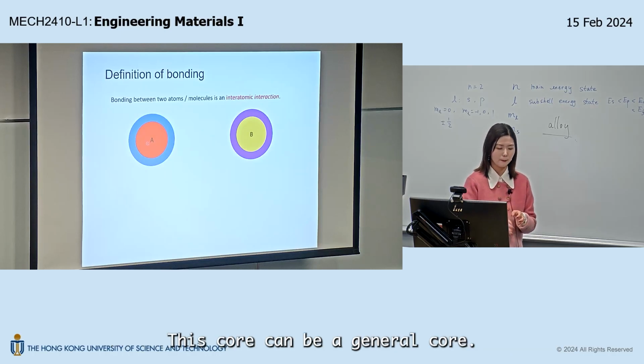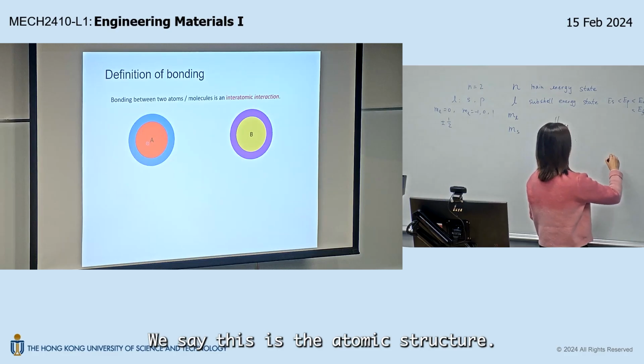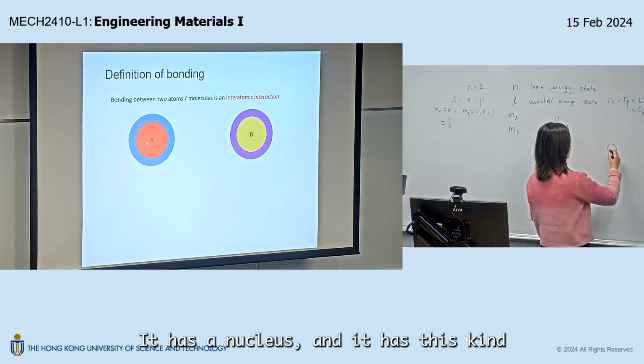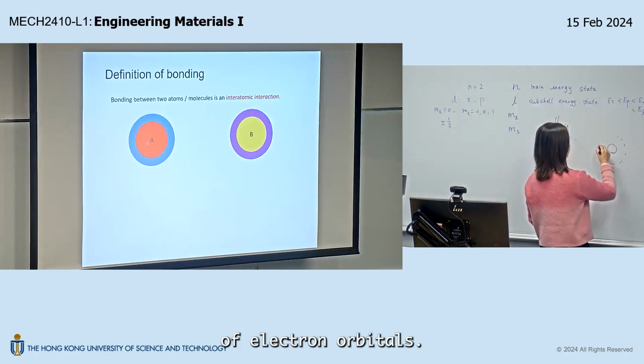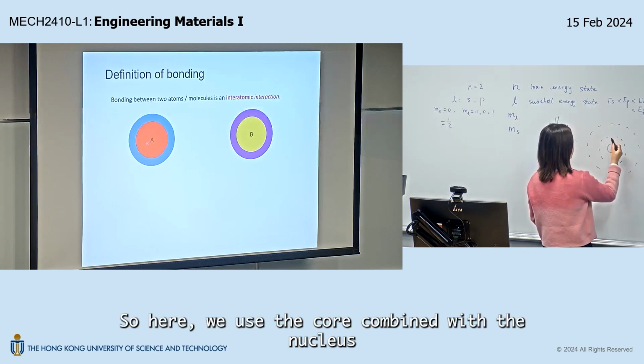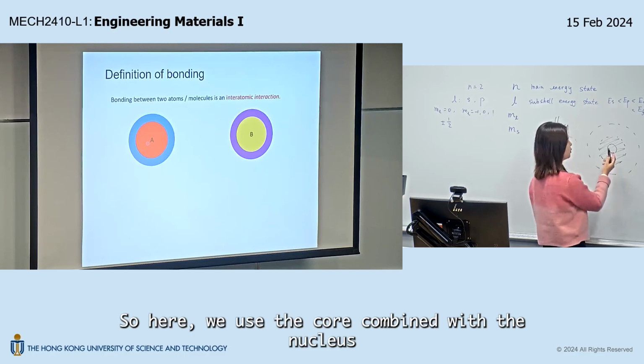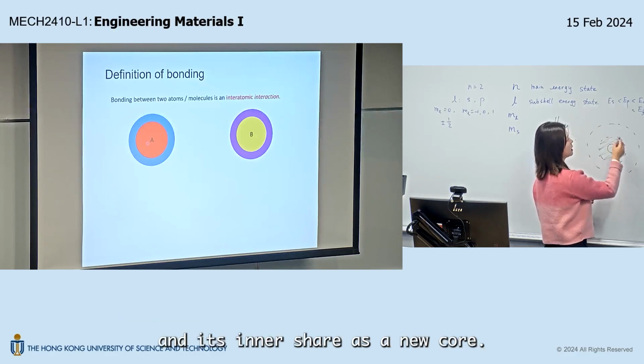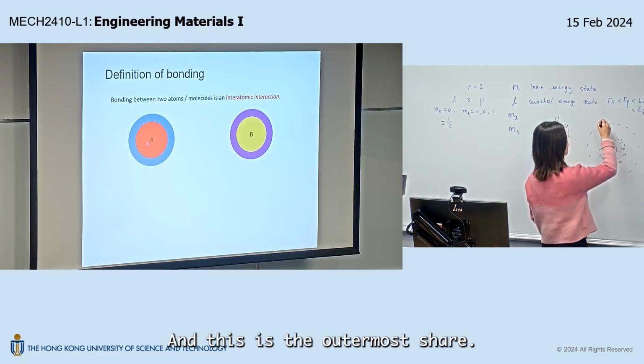This is the atomic structure: it has a nucleus and electron orbitals. Here we treat the nucleus combined with its inner shells as a core, and this is the outermost shell.